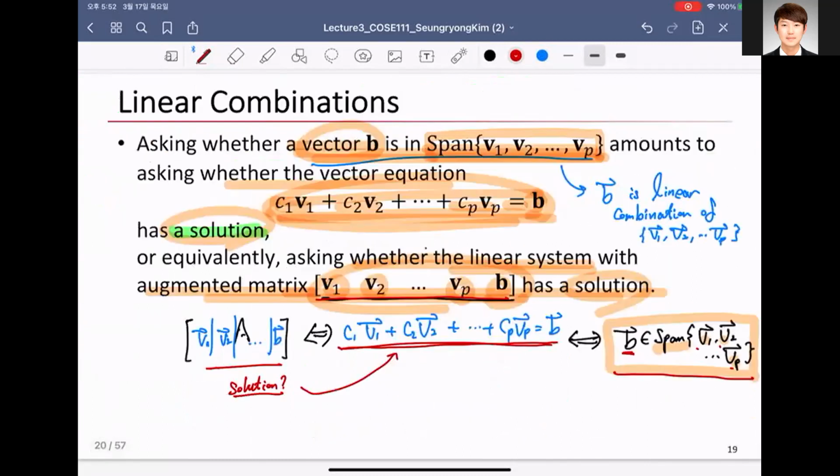So let's go back to our lecture 1. I told you linear algebra is about solving linear systems, and it's about AX equals B.